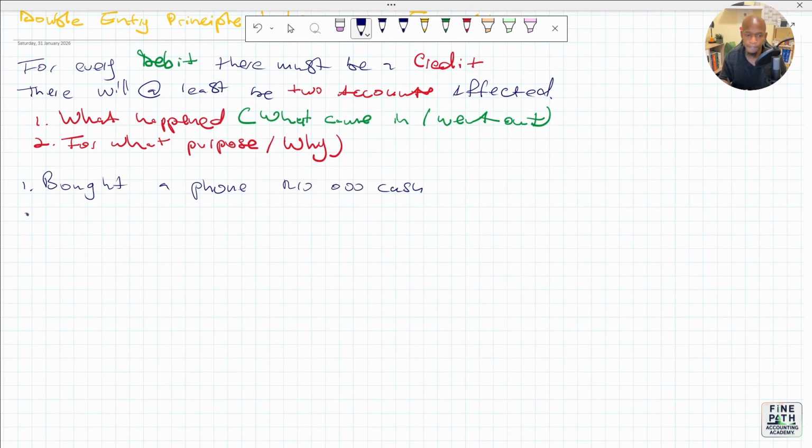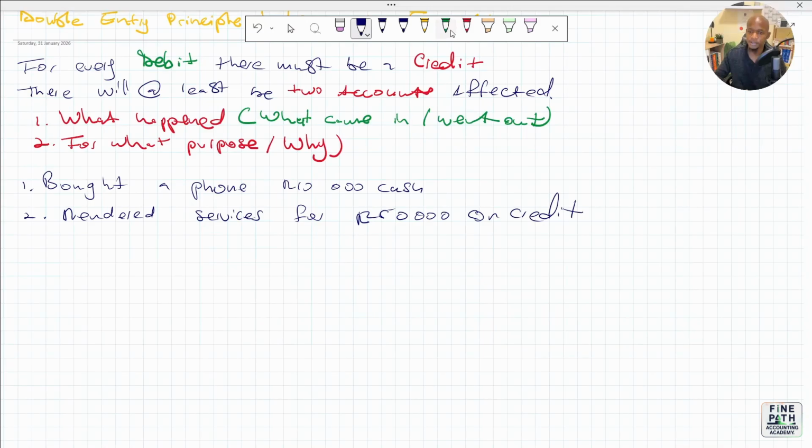And then the second one, we rendered services for 25,000 rands on credit.